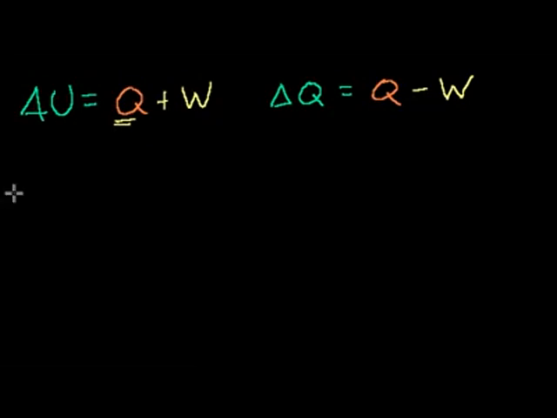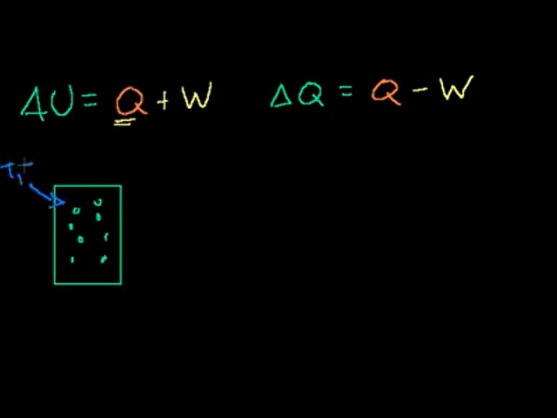If I have some system here, some particles in some type of a canister, and it's at temperature, let's say it's at temperature T1. I'll even give it a measure. Say it's at 300 Kelvin.